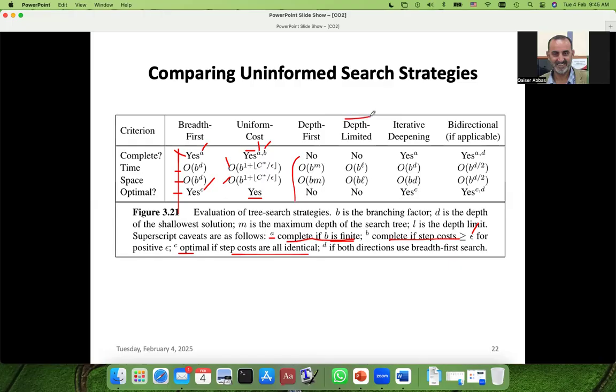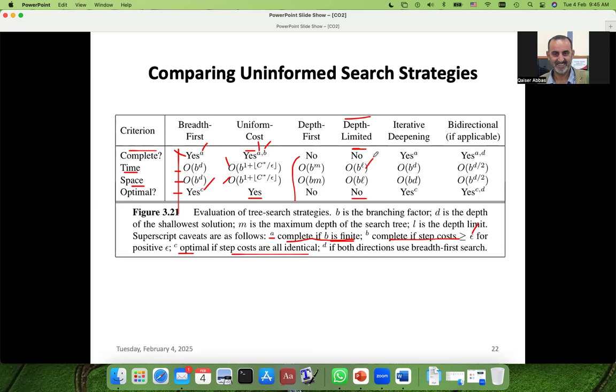Depth limited search, let's see that, because this is not mentioned there. So complete. Depth limited is complete? No. Because if the solution is after the limit, we will not find that. So it is not complete. Optimal? No, it is not optimal. If it is not complete, definitely it would not be optimal. Then time and space would be what?